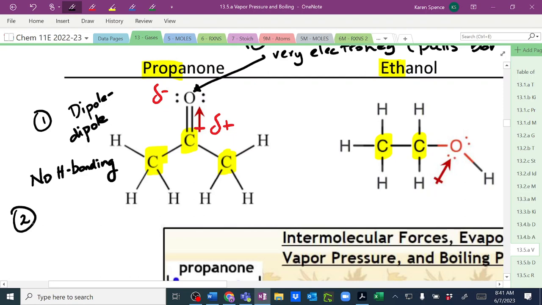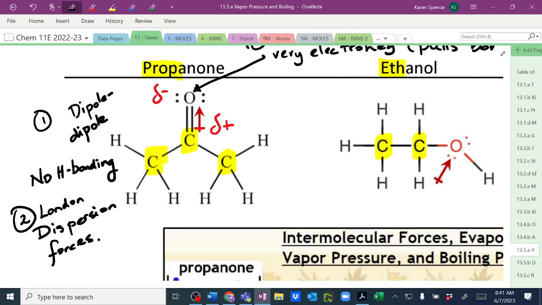Okay, so we have London dispersion forces. Which kind of force is going to be the most important in determining the properties of propanone? Is it going to be those dipole-dipole forces or those London dispersion forces? Dipole-dipole. Okay, so those are the most important.